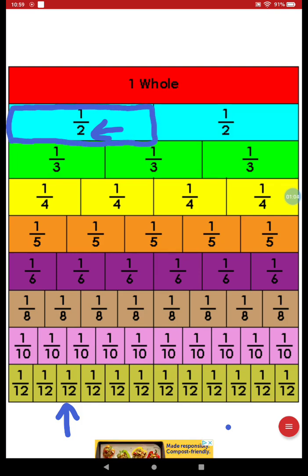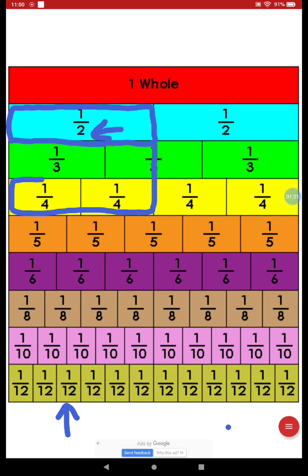Let's go through our chart and try to find all of the higher term fractions that equal 1/2. Let's take our straight edge and go straight down. Can third? Nope. Can fourth? Yes. How many fourths? 2/4 equals 1/2. Can fifth? Nope. Can 6? Yes. How many 6? 3/6 equal 1/2.